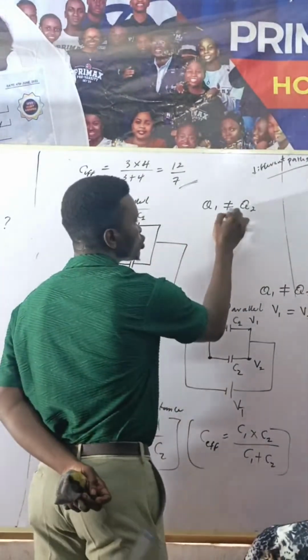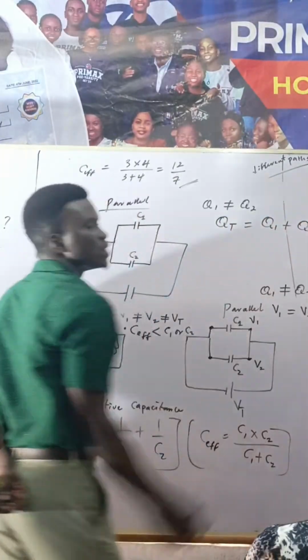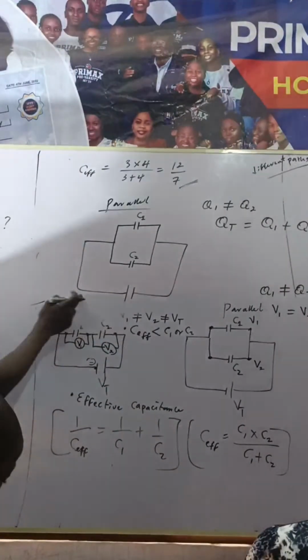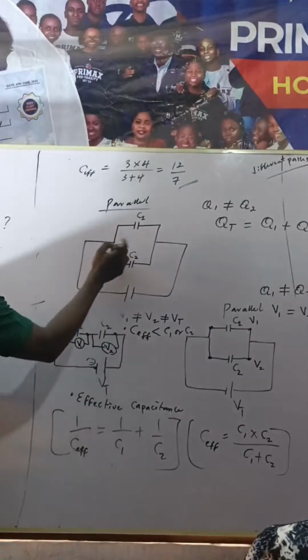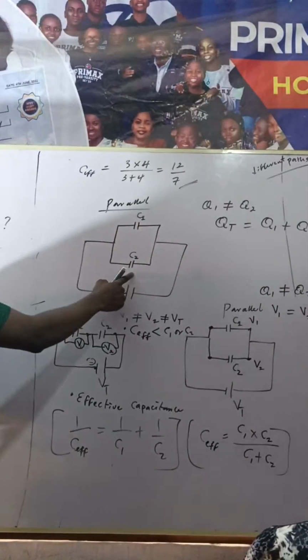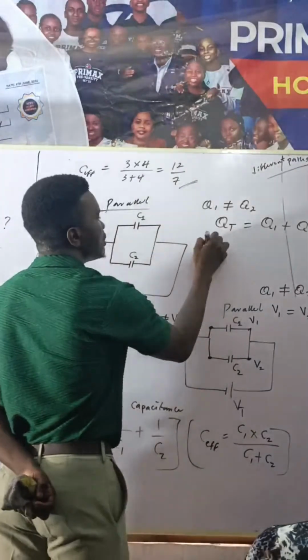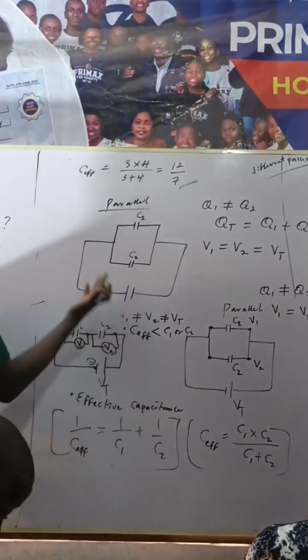But your Q total will be equal to Q1 plus Q2. Do you agree? If I leave here, 3 can decide to go here, 2 can decide to go here. So I can say the total Q will be equal to what goes here plus what goes here. Do you get that? So now, my V1 will be equal to V2, which will be equal to V total. Do you agree to that?